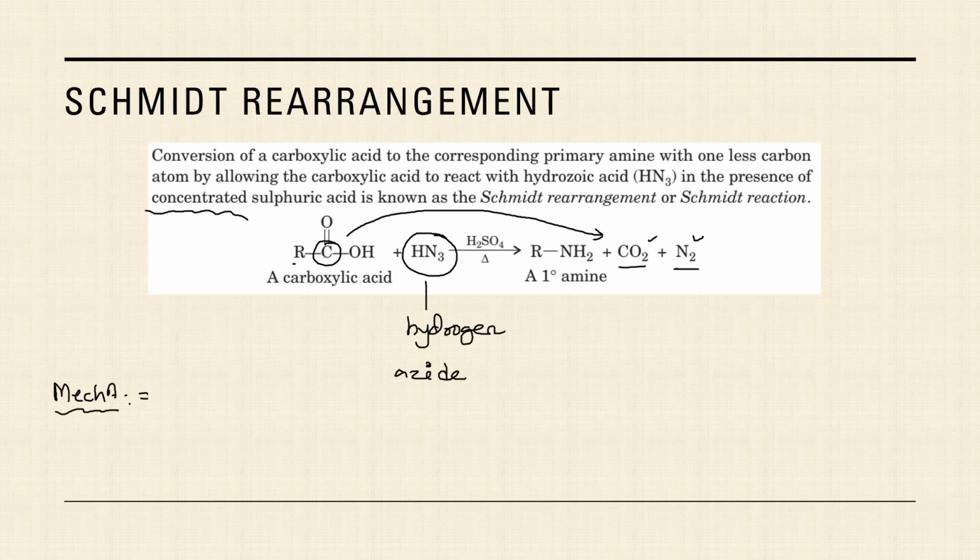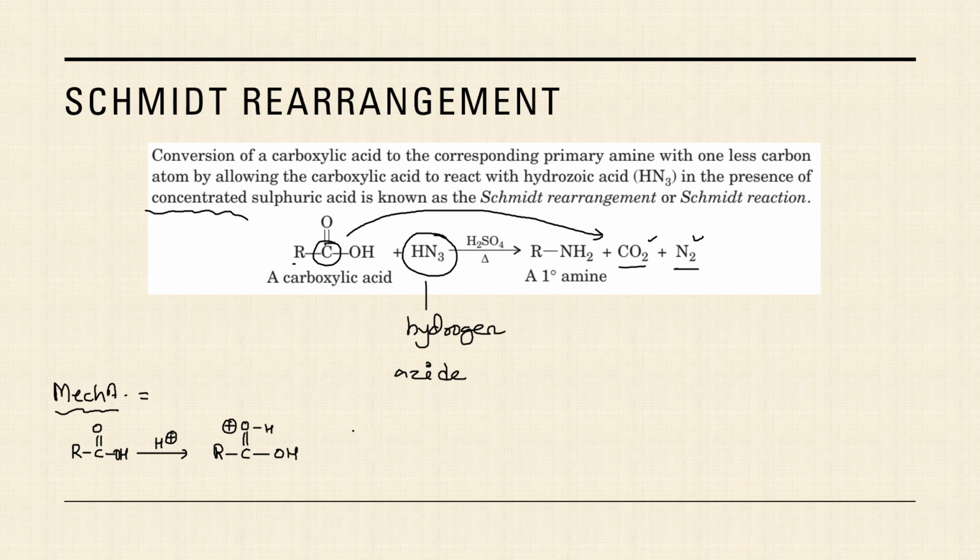So what will happen is this: you start with a carboxylic acid and you react it with H+. आपके पास ये मिल जाएगा. Okay, a protonated form of it.